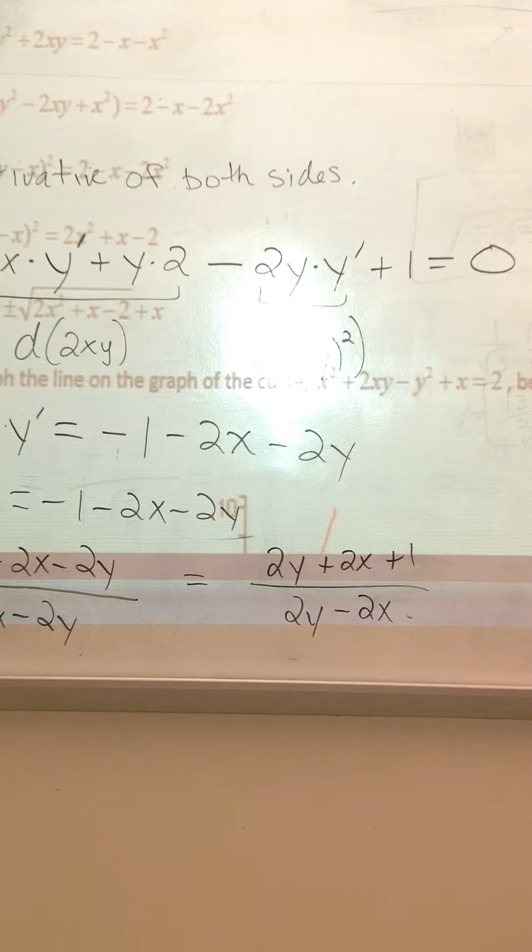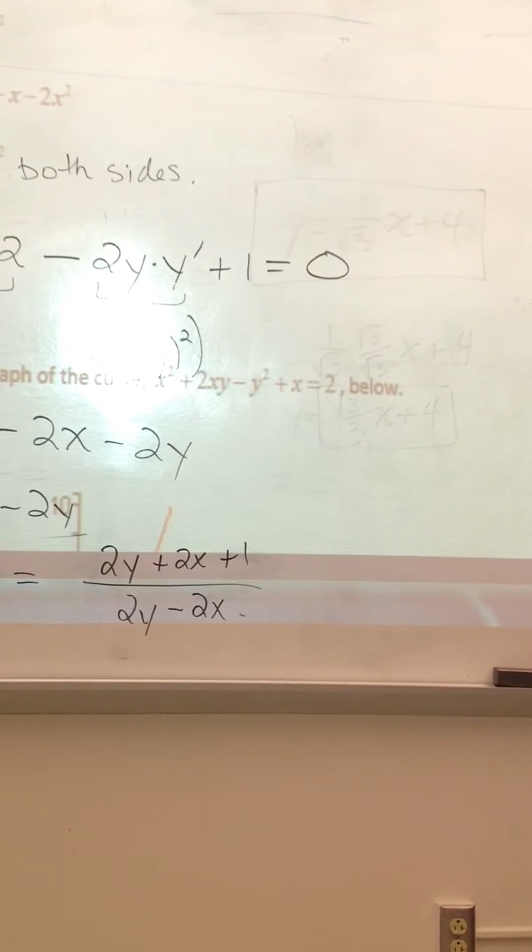You create a graph by saying, okay, give me an x, plug it in, that gives me the y, I'll plot that point. Give me another x, I'll plug it in, that gives me another point, I'll plot that point, and then you connect all the dots. So one of the variables has to be a function of the other.